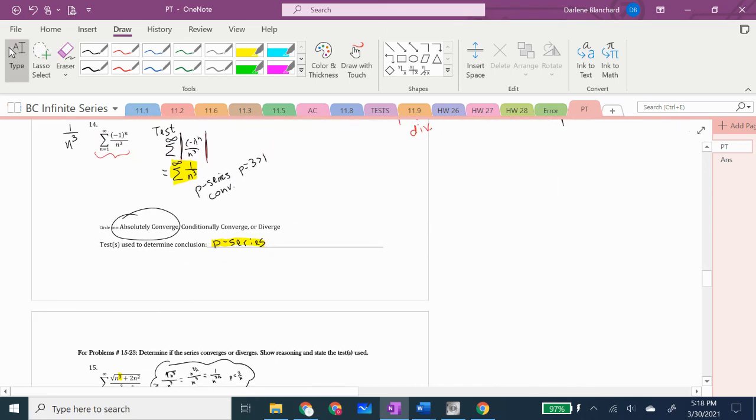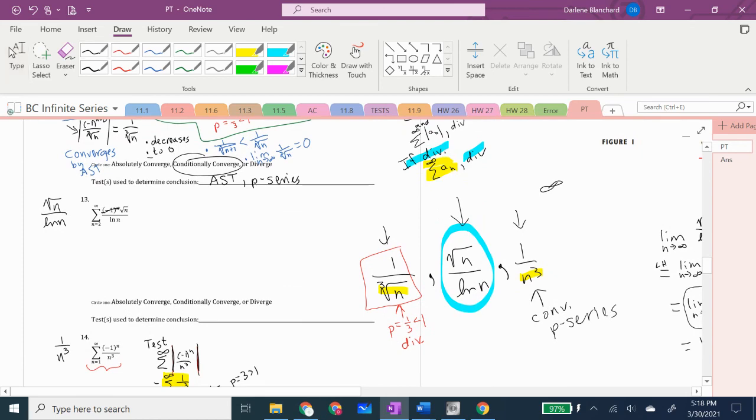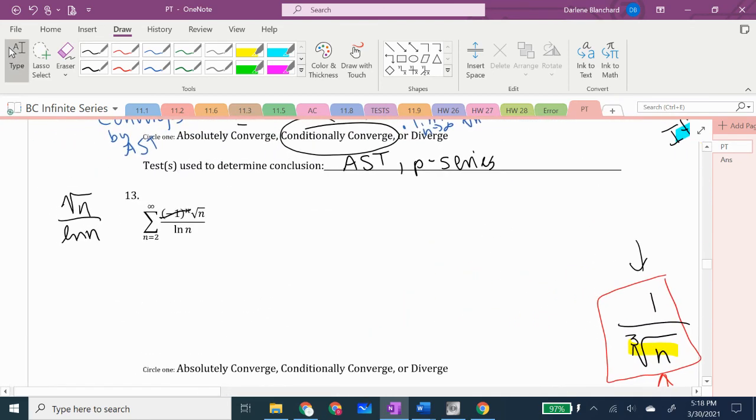So what I don't want to do is waste my time on the alternating series test. It will be an excessive test that doesn't give you any information beyond the answer that we're going to end up with. You want to realize it's not going to get you anywhere. It won't even be able to pass the alternating series test.